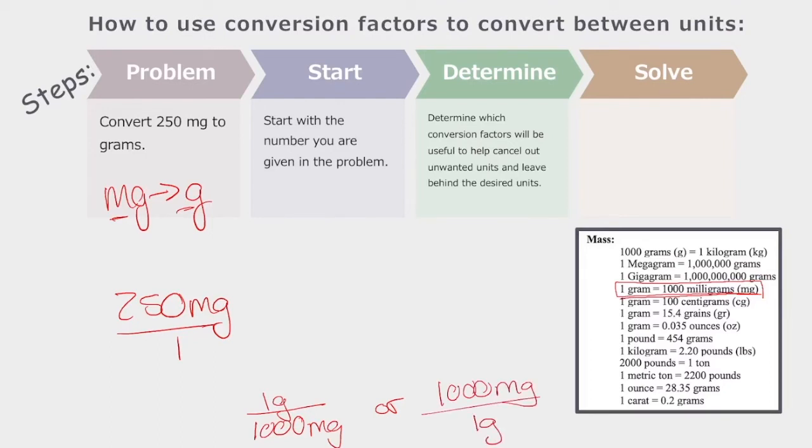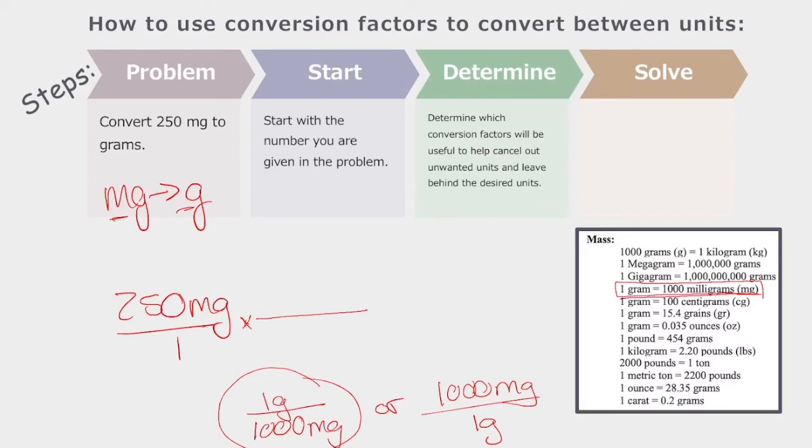Which one of these am I going to be able to use to cancel out milligrams? Remember, I'm multiplying by that fraction, that conversion factor. And remember, I want milligrams to cancel out. So hopefully you said this conversion factor right here.